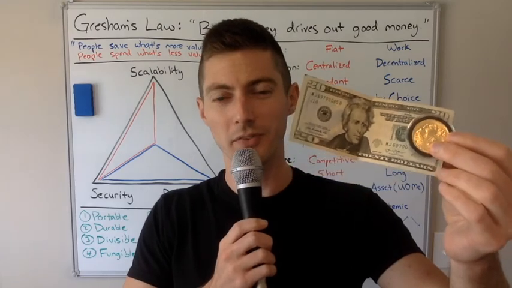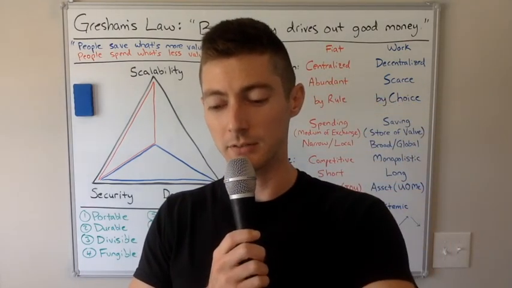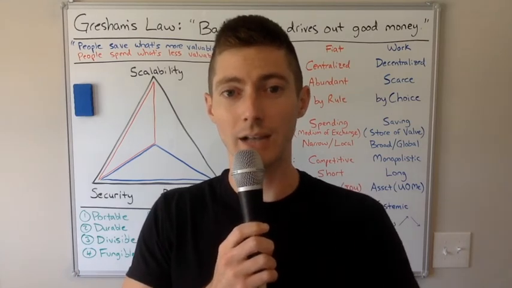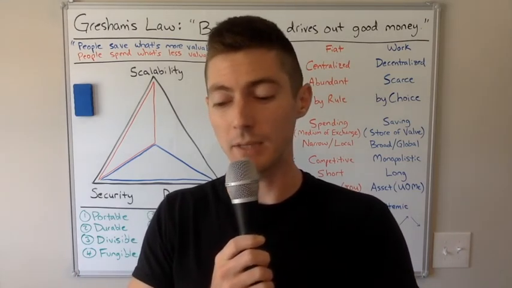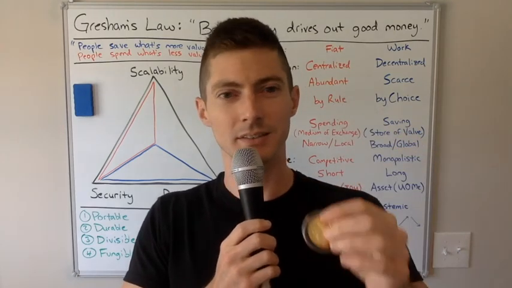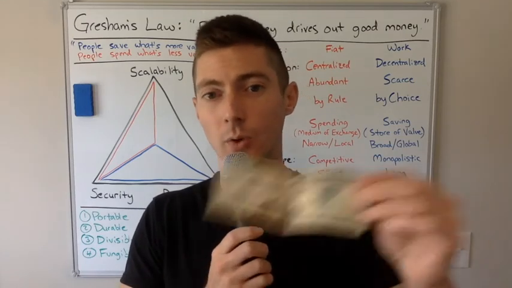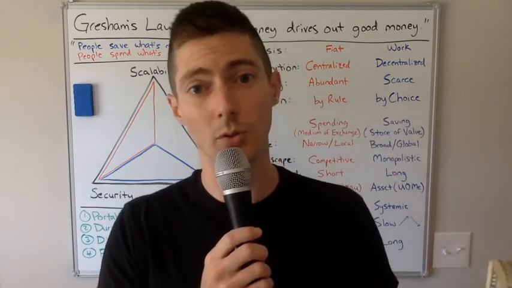So if I had both of these in my pocket and a merchant said, okay, that'll be $20, please, for a while it didn't matter which one I spent. Maybe it actually would have made more sense to spend the gold because it's heavier and it's annoying to have in my pocket, and I know that $20 back then was as good as gold.